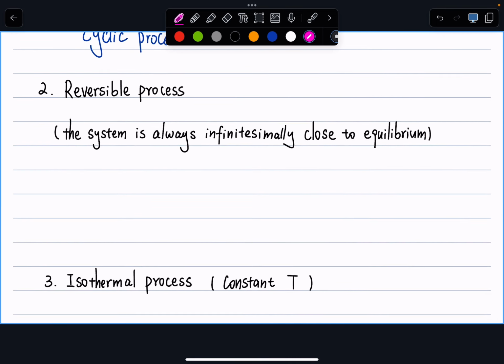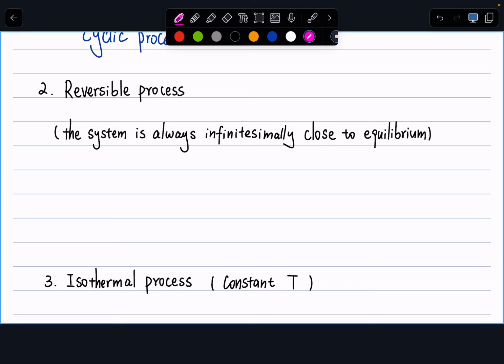Second one, reversible processes. A reversible process, by definition, is saying the system is always infinitesimally close to equilibrium. So any infinitesimal change on the system will put it back into equilibrium.